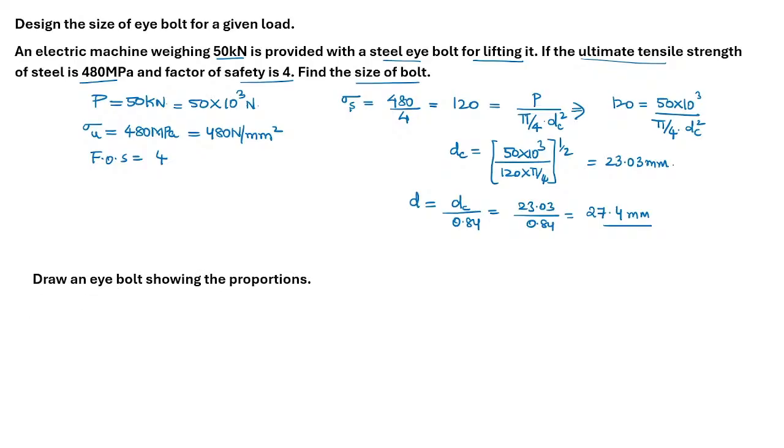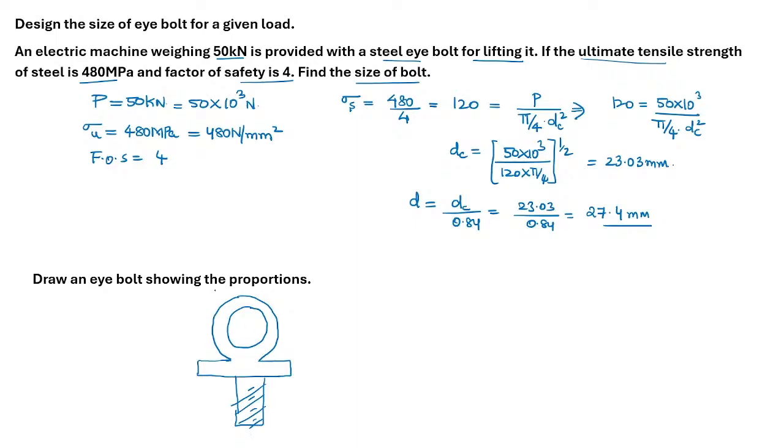Next is draw the eye bolt showing the proportions. So first you need to draw two concentric circles. This is the inner circle, and the outer circle you have to draw but you should not complete it. And at the bottom of this you have to provide some extension or table-like arrangement. And next is the shank portion which is going to have thread over it.